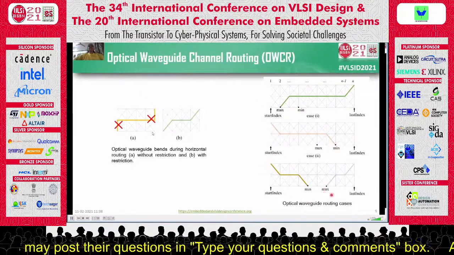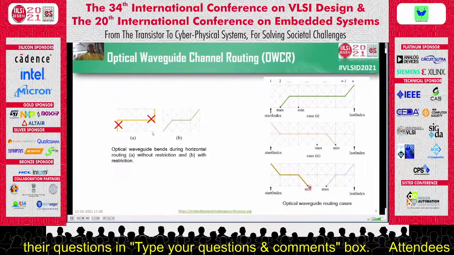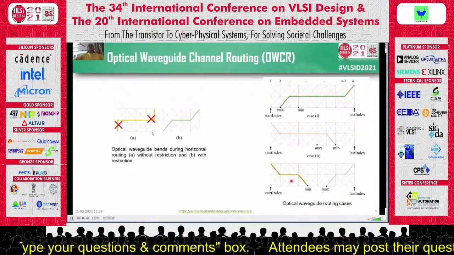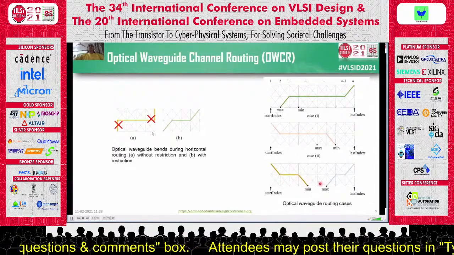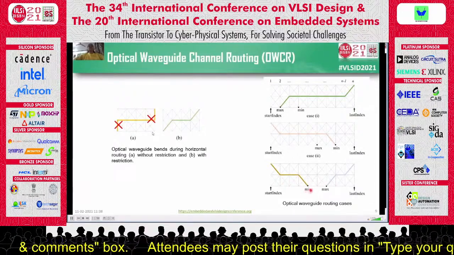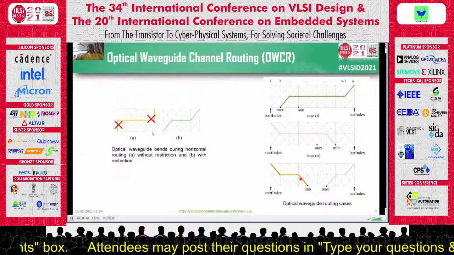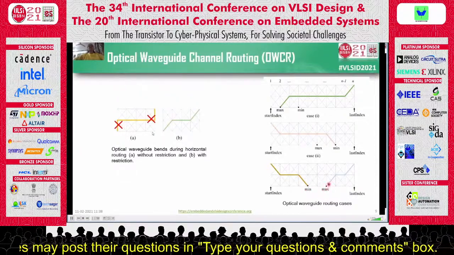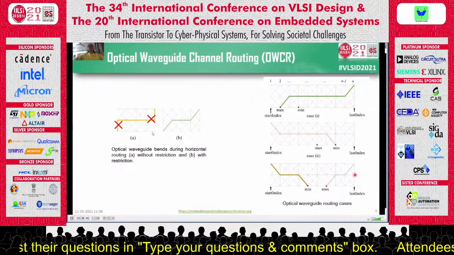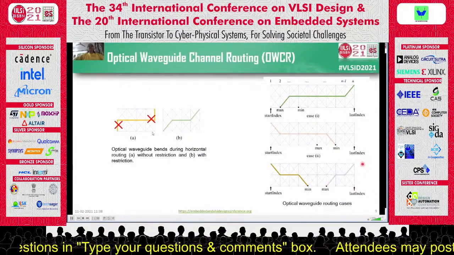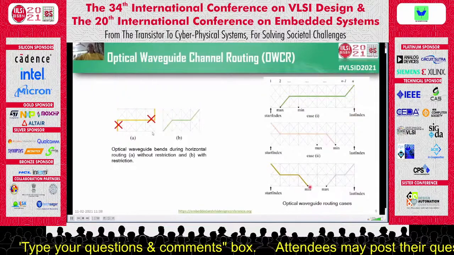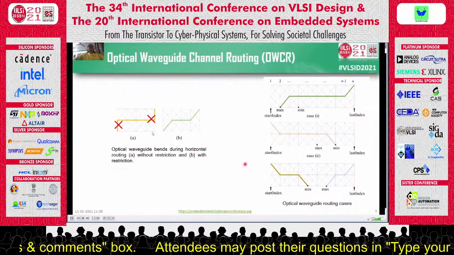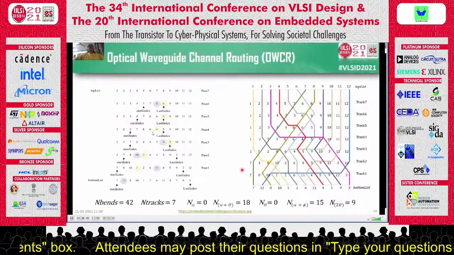In the scenarios where max is greater than min, the routing track is shared by the 2 optical waveguides, where the min position waveguide will take a horizontal left and the max position waveguide will take a right routing. They route while following this horizontal restriction along the channel.